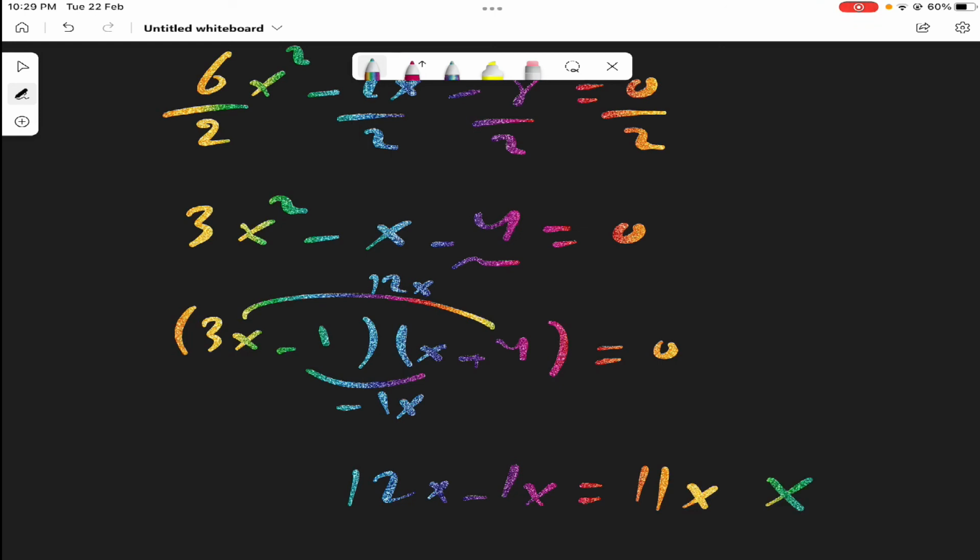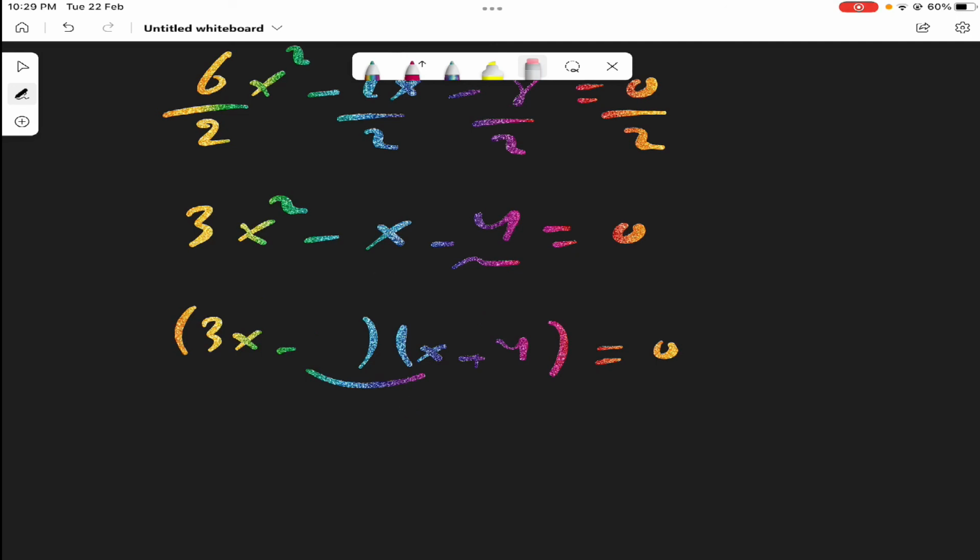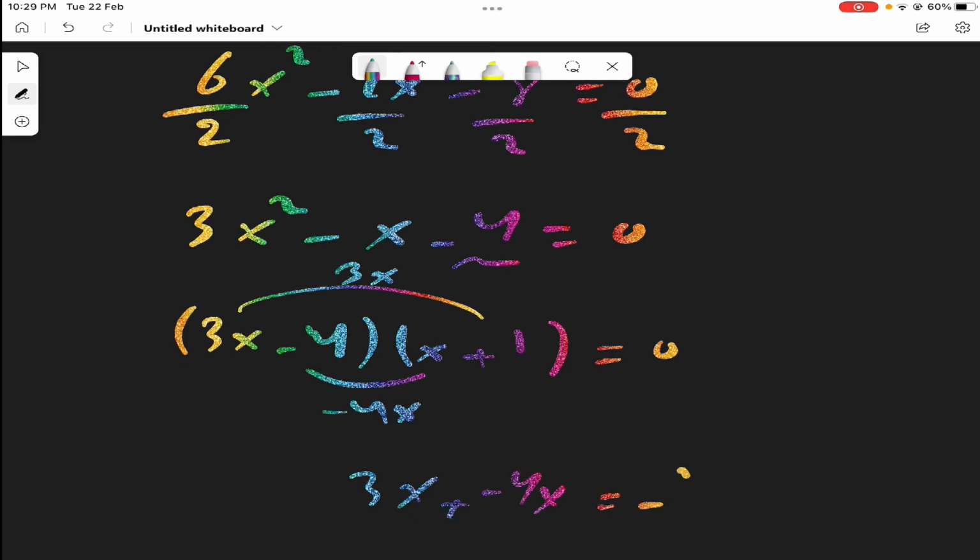This is not the middle one, so I change 4 and 1. Let's multiply 3x times 1, 3x, negative 4 times x, negative 4x. If I add 3x and negative 4x, I get negative 1x, which is the middle one.